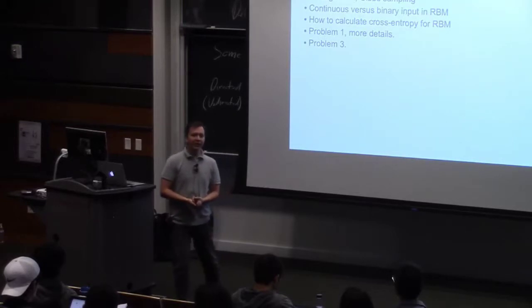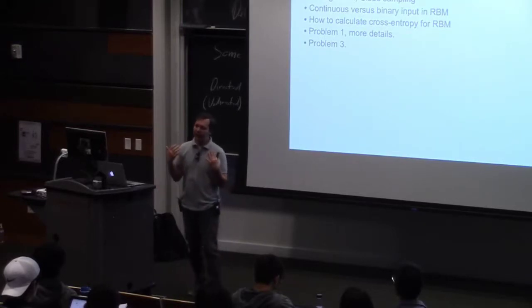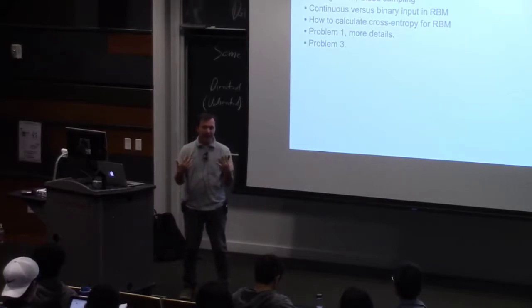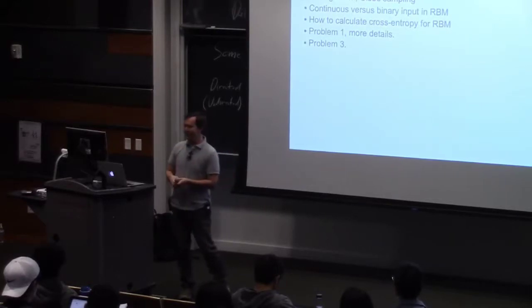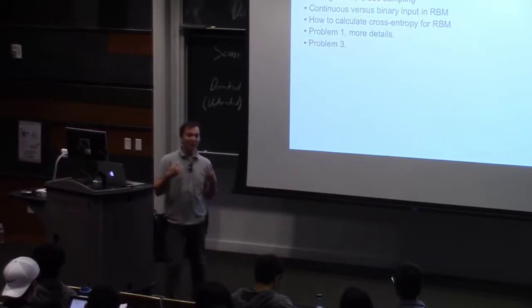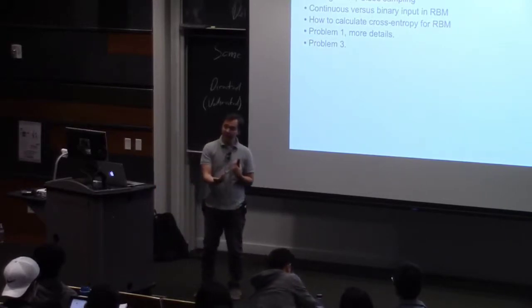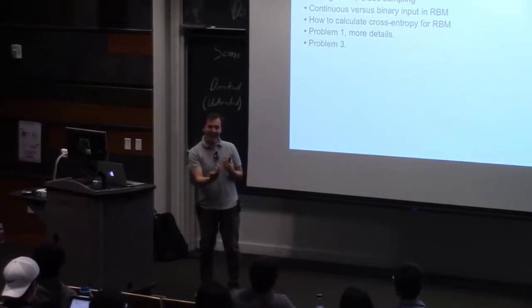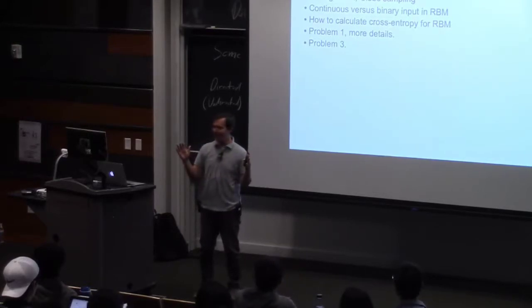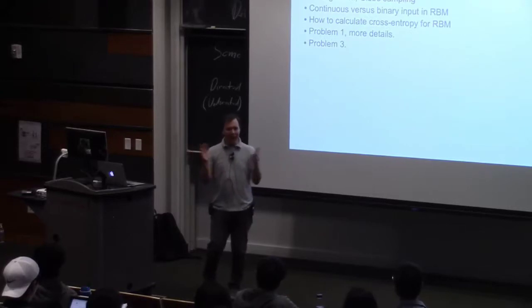Unfortunately, some people are asking, I'm getting a cross entropy of 60. Is that good or bad? The real answer is that I don't know, because I don't know how you're scaling things. Is it per example? Is it per pixel? Are you using mini batches of size 100 and then averaging, or adding?